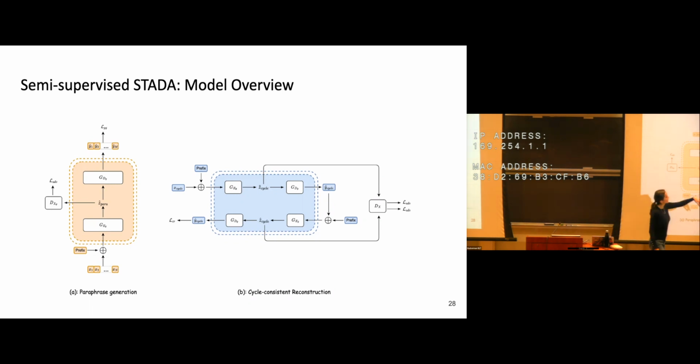Then on the other phase, we take the model that we're going to use for transforming the pairs of sentences. But here's where we have the labeled data for the task. We try to generate data that has labels, and we use the generator to transform the original sentence with the corresponding prefix saying, okay, transform from source to target, and you generate a linear representation.